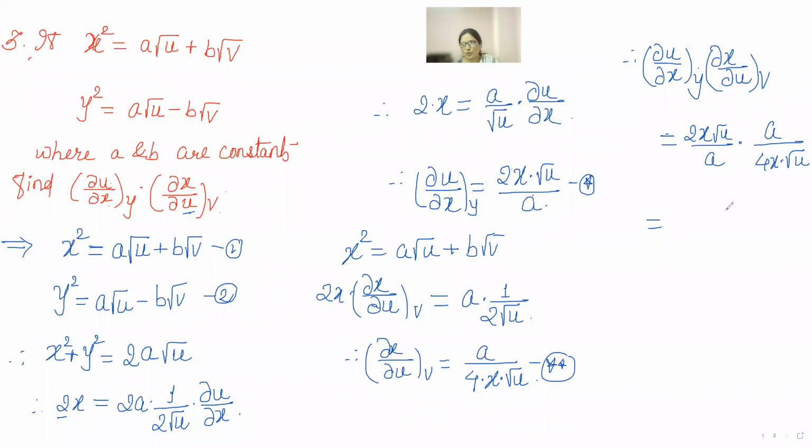A cancel, root u cancel, so it will be 1 upon 2. This is the answer.